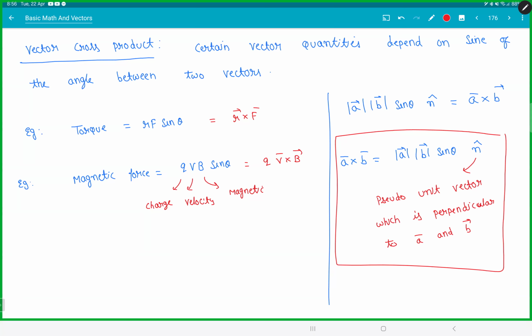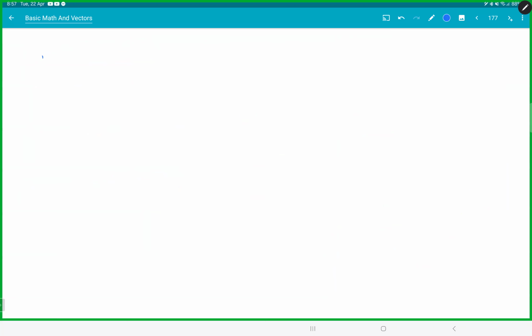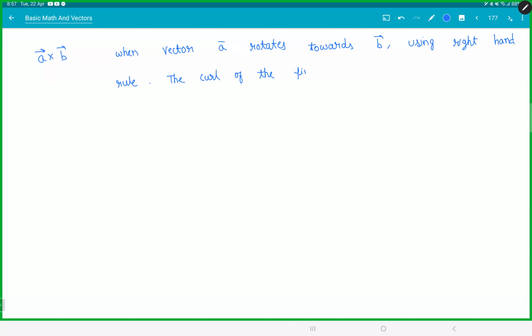Now let's see the meaning of this direction. So when you say A cross B, the meaning of this is when vector A bar rotates towards B bar, we will take that rotation and using right hand thumb rule, the curl of the fingers will give the rotation, and the thumb gives you the direction.